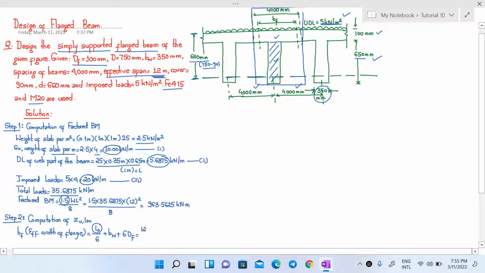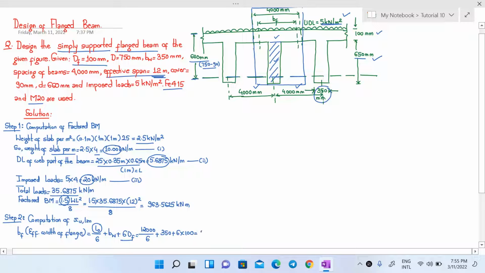So in millimeters you can say 12,000 over 6 plus the width of our web is 350 mm plus 6 times Df, which is given as 6 into 100.